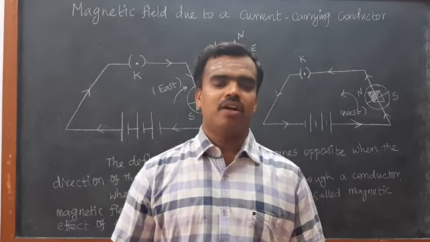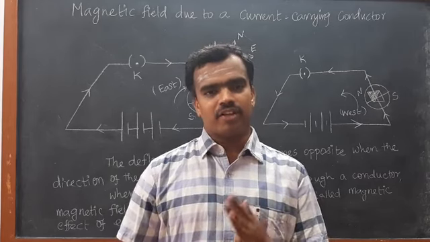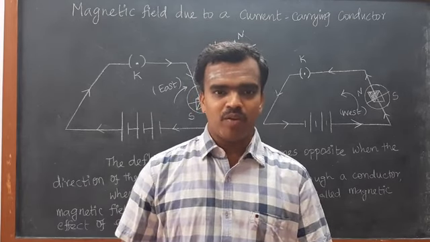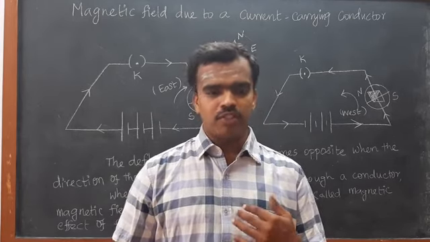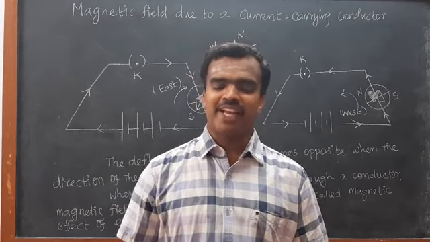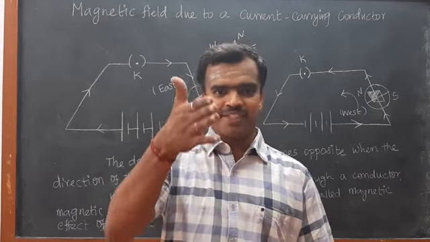Now what we are going to see is in which direction the compass needle will deflect, either east or west. For that, how should we identify the direction of the magnetic field? We should use the right hand thumb rule.